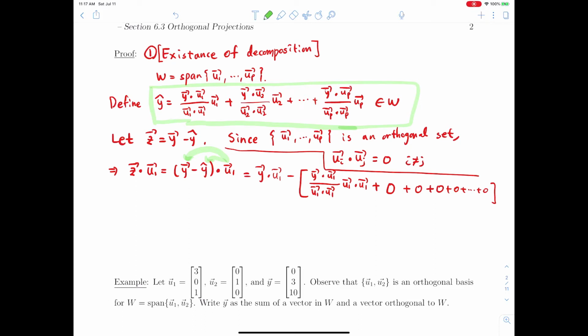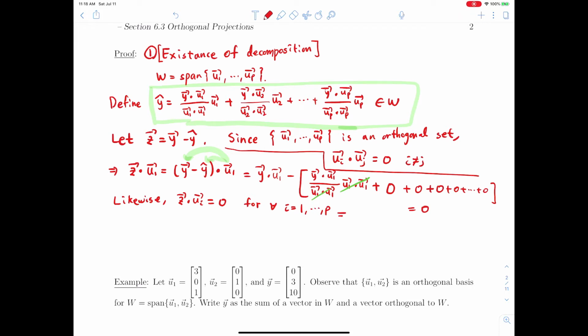Now we can cancel out these two, and that gives you the whole thing equal to 0. And likewise, if you run the same argument for the ui's, then we get this equal to 0 for all i from 1 to p.